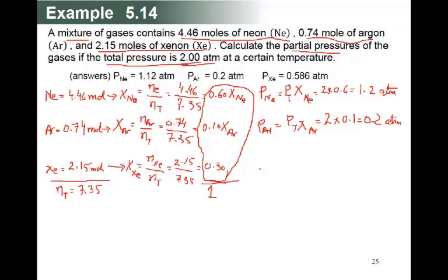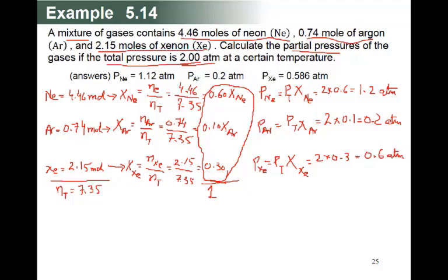The third gas is xenon. So the partial pressure of xenon is equal to total pressure multiplied by mole fraction of xenon, 2 multiplied by 0.3, equal to 0.6 atmosphere.